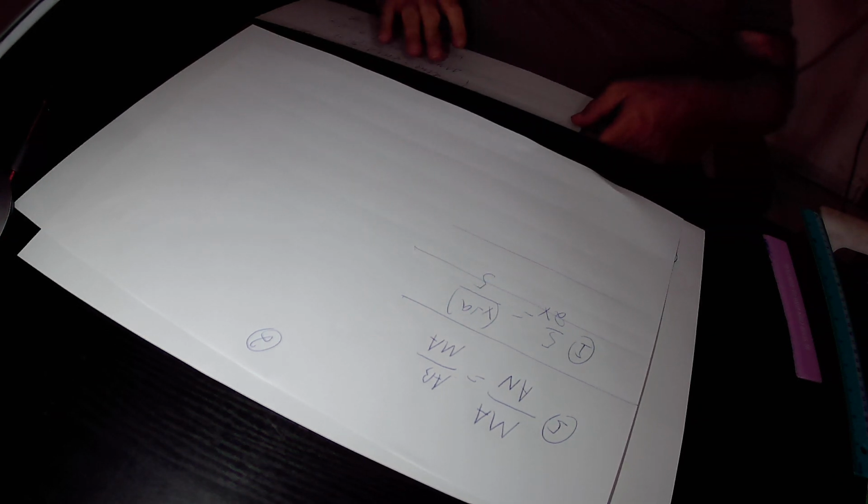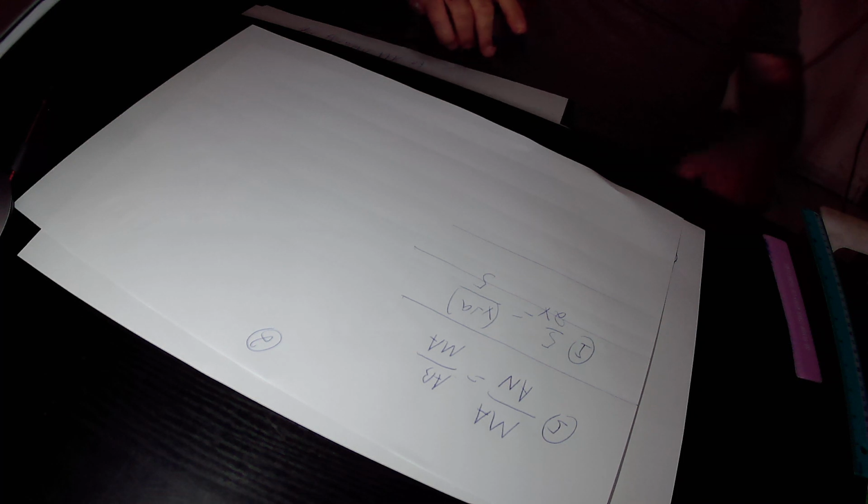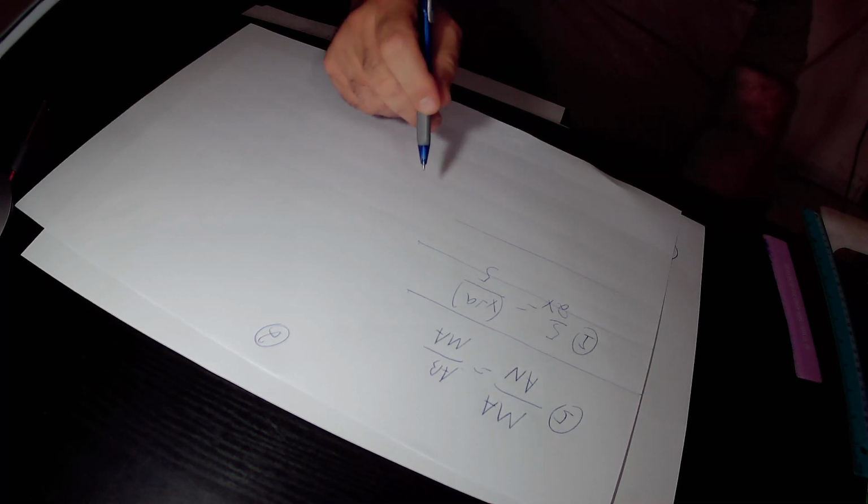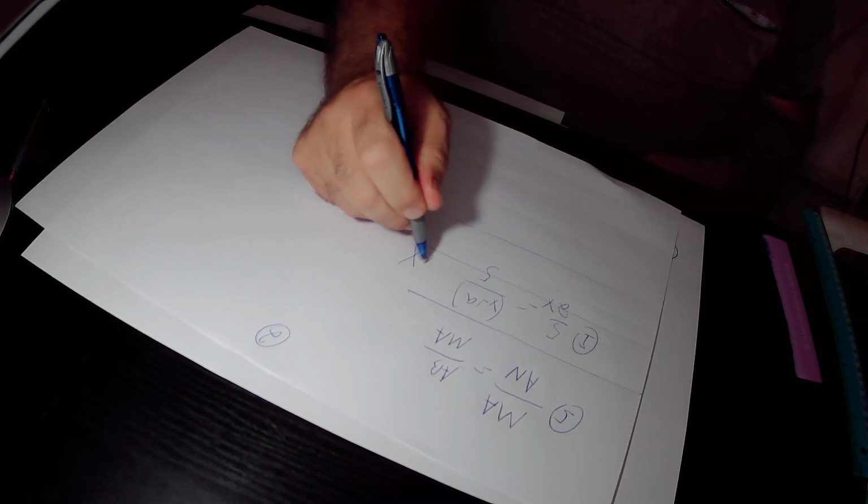So in total, according to equation 1, we found out that 5 over 2x equals x plus A over 5. Here we cross multiply equation 1.